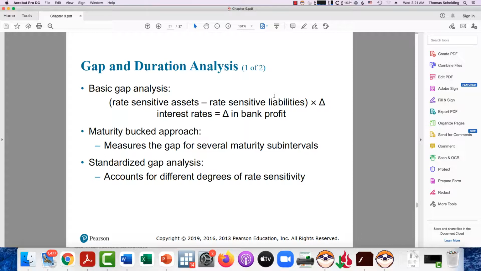And I think they mean maturity bucket, not bucked approach. In the maturity bucket approach, you're going to control for interest rate changes by spreading out, laddering what you've lent out to others, and across even other banks, so you have some degree of protection.